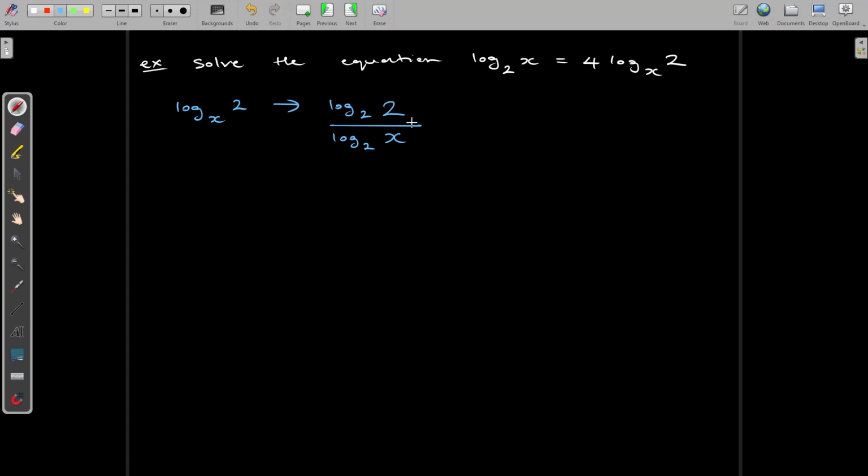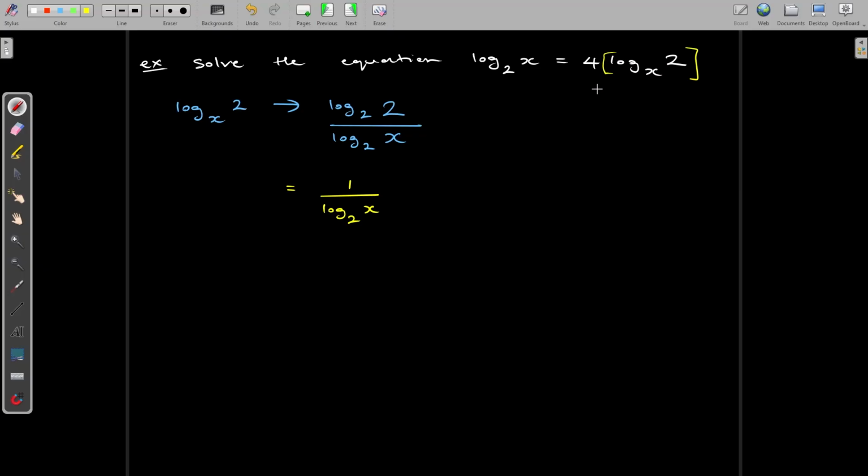Can we all see that? Yes. So now the numerator becomes 1. So this is equal to 1 over log base 2 of x. And that's just this part that we converted to base 2.